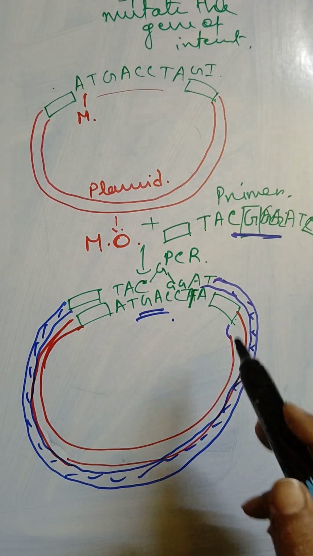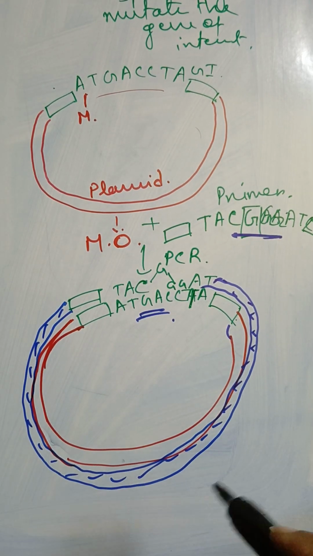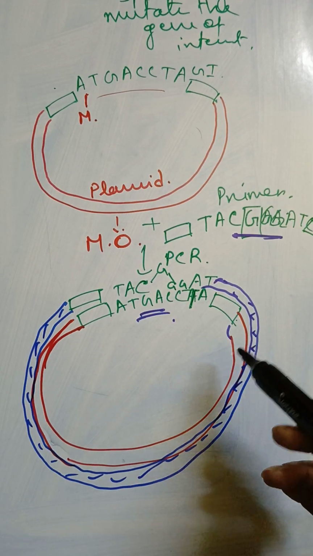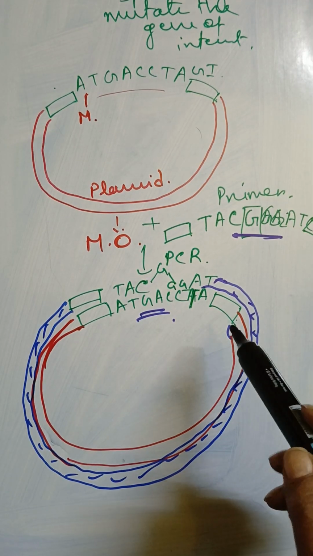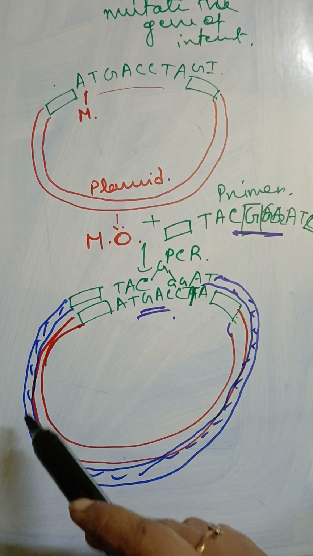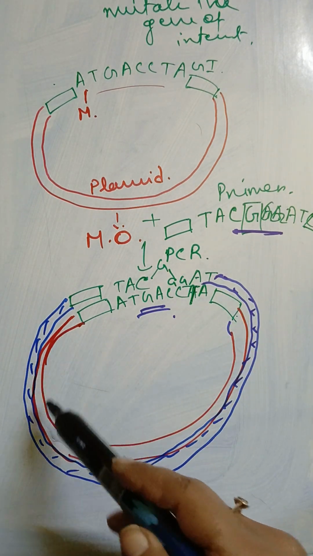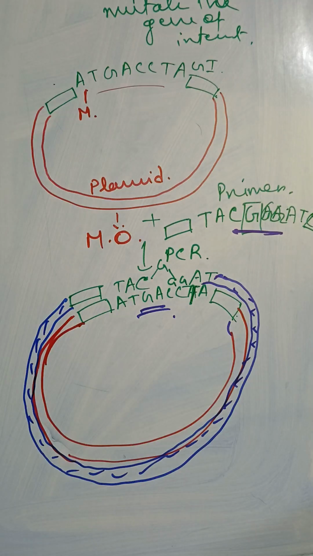Okay, so in this way, the successive rounds of PCR reaction will give rise to a huge amount of PCR amplified product, which has this new strand made from the old parental strand of the plasmid. So this is basically the site directed mutagenesis technique.